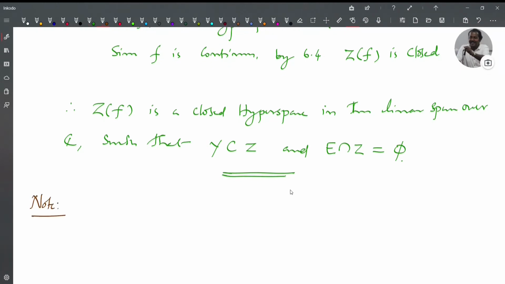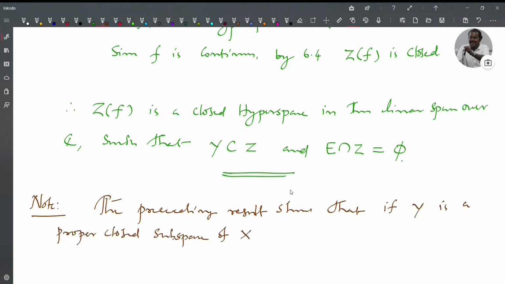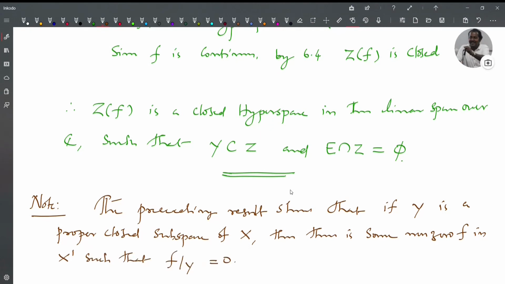The preceding result shows that if Y is a proper closed subspace of X, then there is some non-zero f in X* such that f restricted to Y is 0.